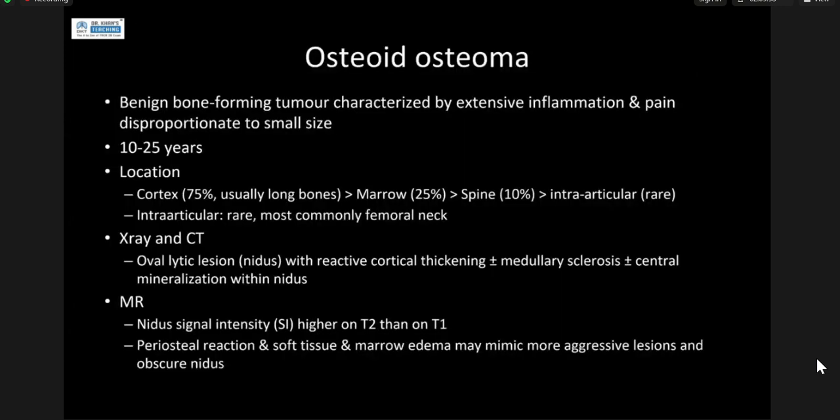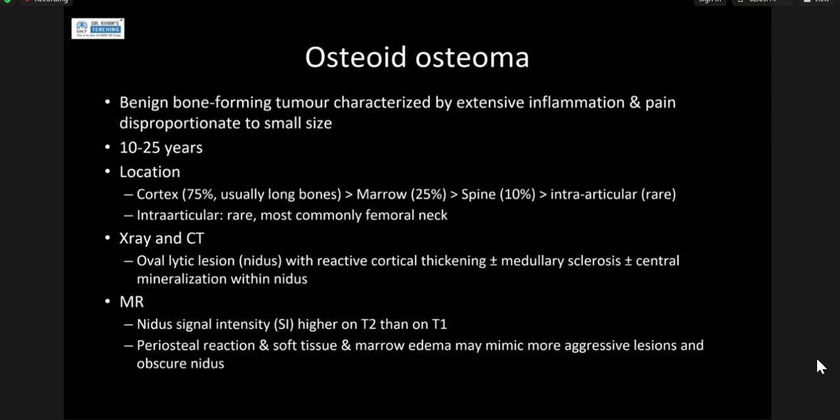Okay, summary slide. So we've already talked a little bit about it. The helpful information, if you can ask, is whether they have night pain, which is helped by non-steroidal analgesia, and these can occur anywhere. And we've got some great examples of them occurring within the medullary cavity and intra-articular.